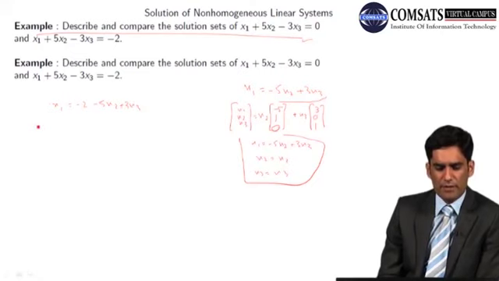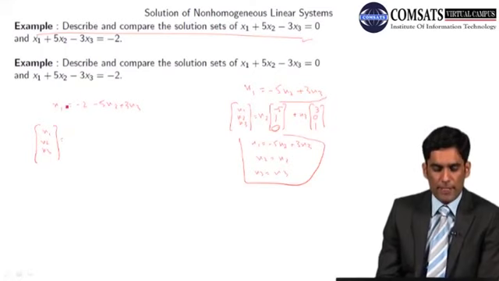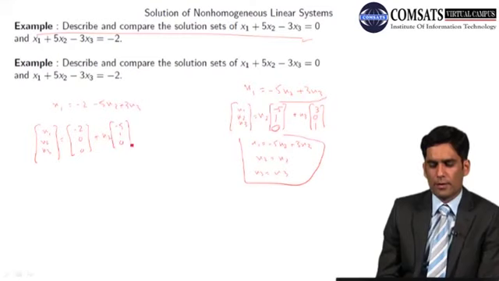If I do the same thing with the solution of this non-homogeneous equation, that is, write down the parametric equation of this solution, then I have first -2, 0, 0, plus x2 times -5, 1, 0, plus x3 times 3, 0, and 1.